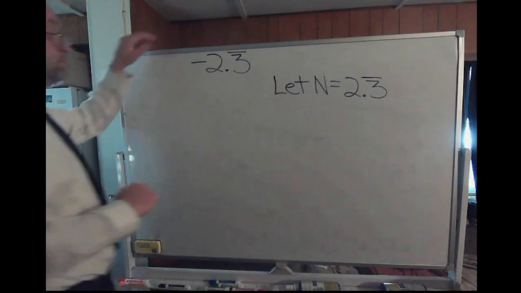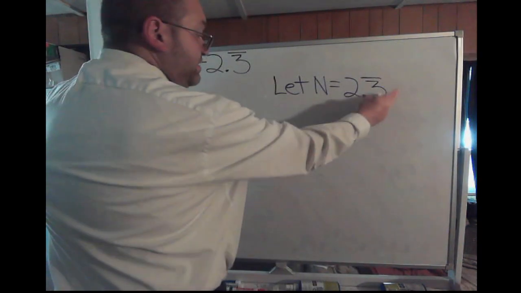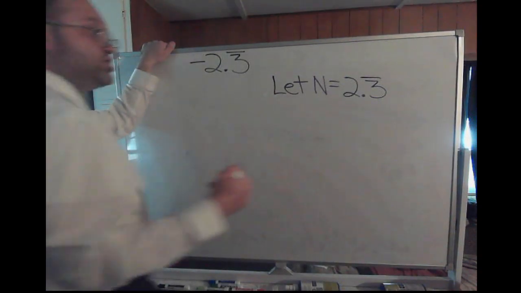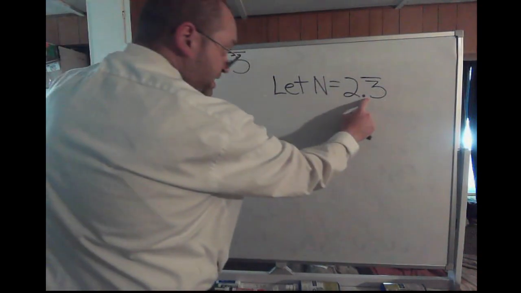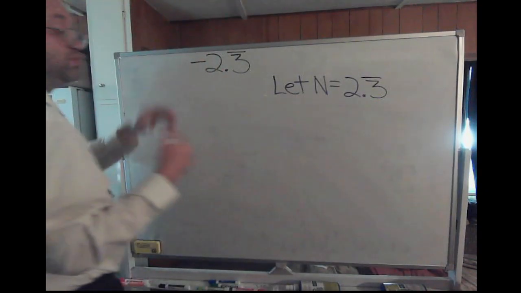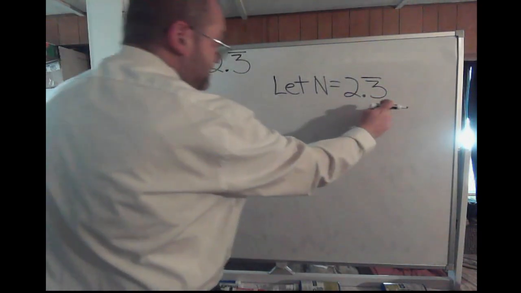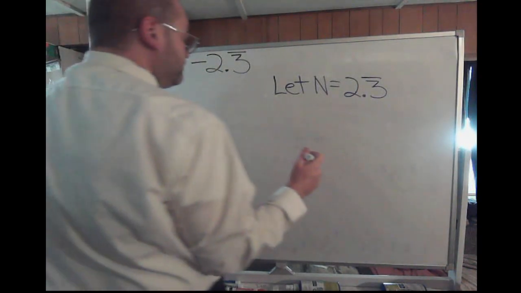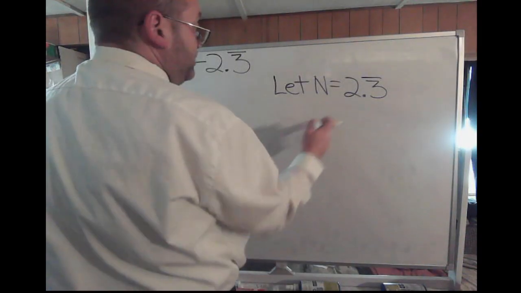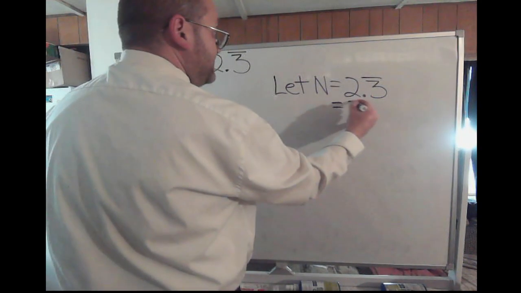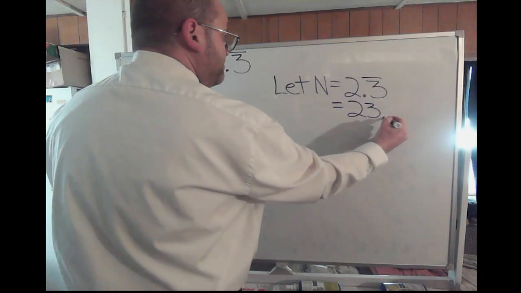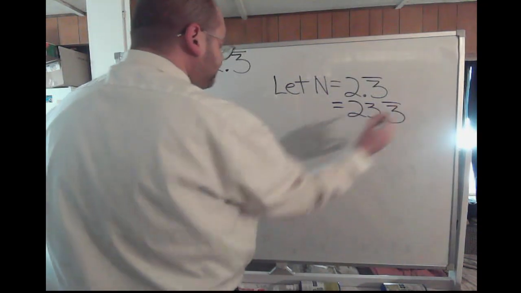Now, we want to find another number, so when we do the subtraction, we can get rid of that repeating decimal, and we have one number to the right of the decimal, so we need to move this to the right 1 decimal place, which means you got to multiply by 10. If you multiply by 10, you'll get 23.3 repeating.